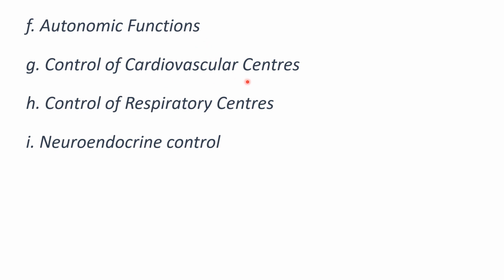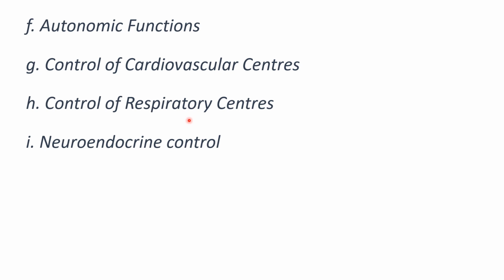Then control of cardiovascular centers. The vasomotor centers located in the medullary reticular formation control your heart rate, cardiac output, and vascular tone. It plays a major role in the regulation of blood pressure. We have studied that in the cardiovascular system. It has cardioinhibitory centers which inhibit your heart and also play a role in control of blood pressure.